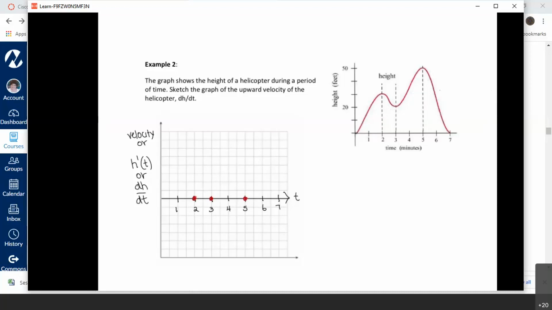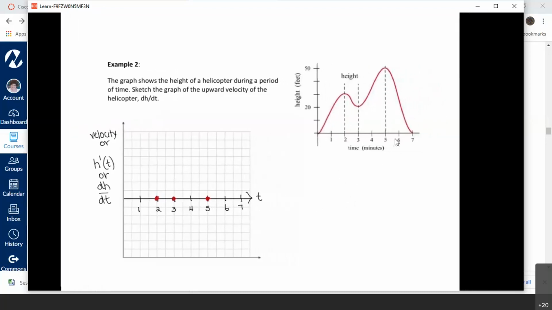Okay, so these are the zeros of my derivative function. This is where the tangent line to h of t is horizontal, so its slope is 0. So plot those first. Then what you look at are increasing, decreasing. In this first interval before we get to 2, my position is increasing.